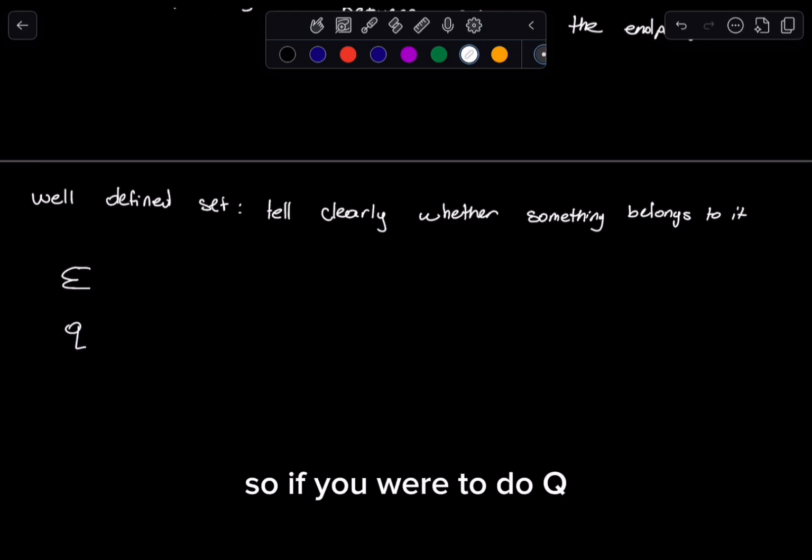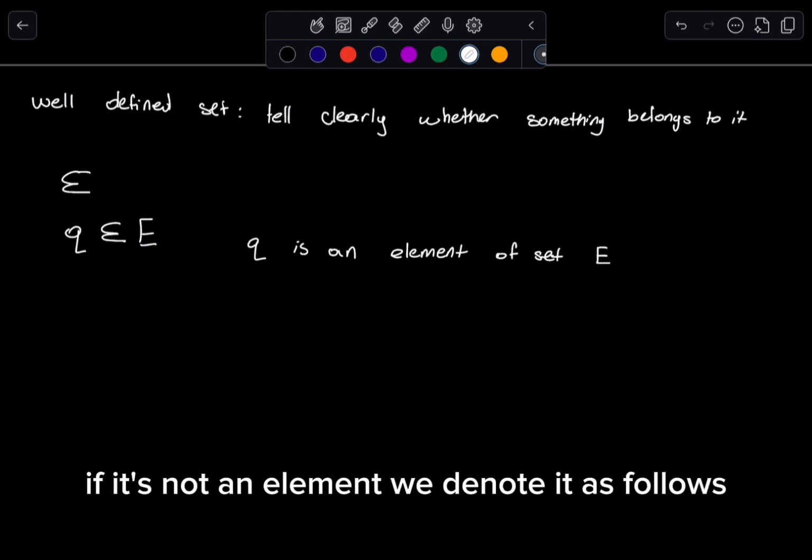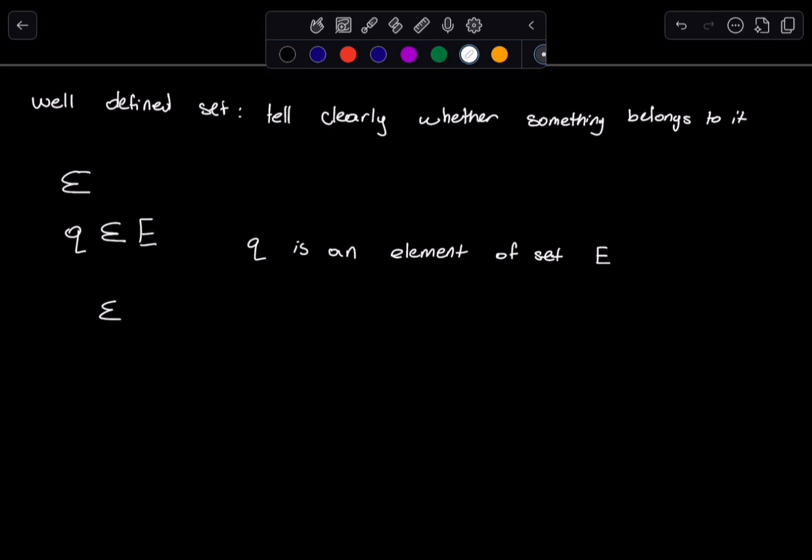So if you were to do Q, we would read that as Q is an element of set E. If it's not an element, we denote it as follows. Q is not an element of set E.